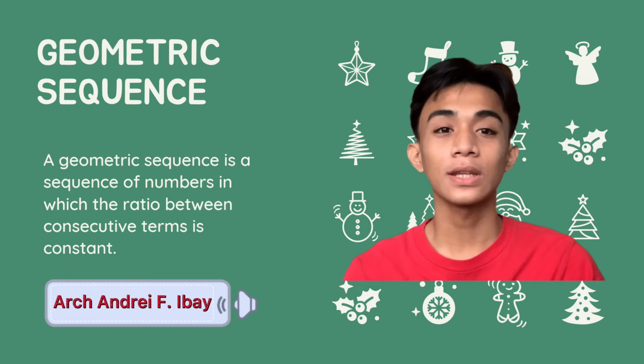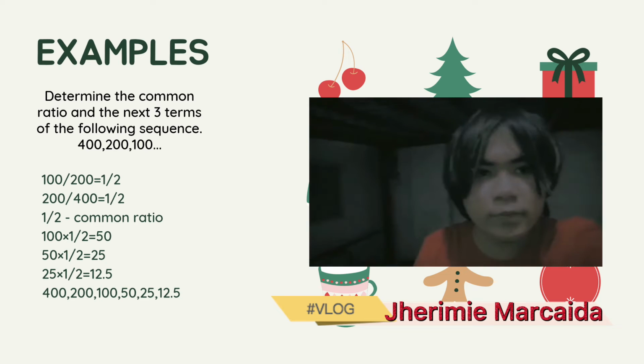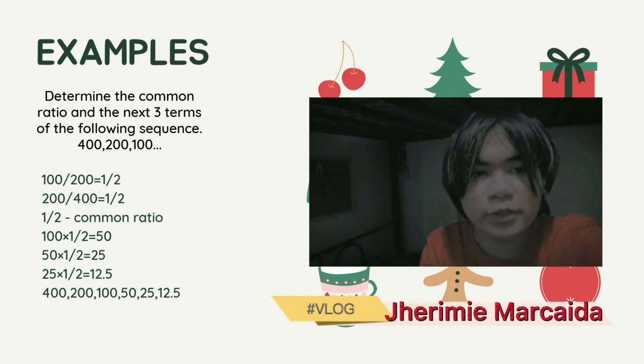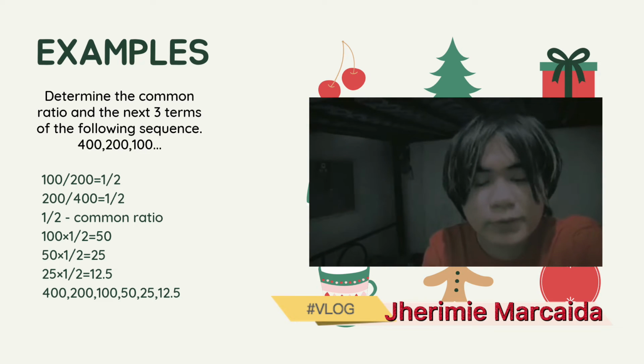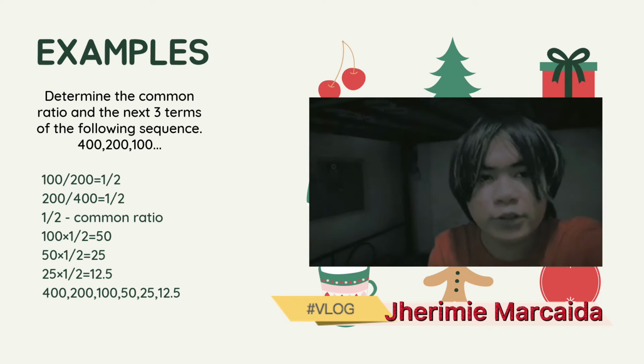Geometric sequence is a sequence of numbers in which the ratio between consecutive terms is constant. Hi, I'm Jeremy Marcaida. This is one of the examples of geometric sequence. As we can see here, we have the sequence 400, 200, 100, and so on. We should find the next three terms of the following geometric sequence.